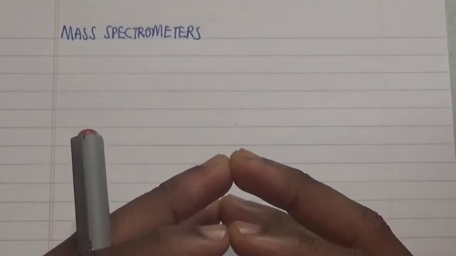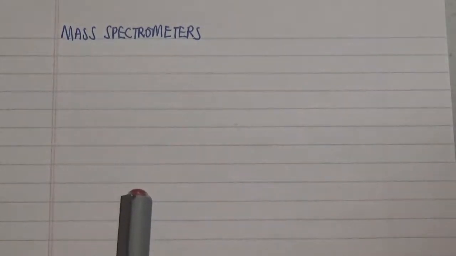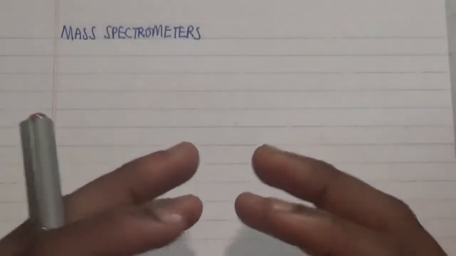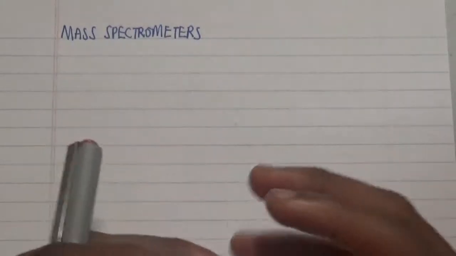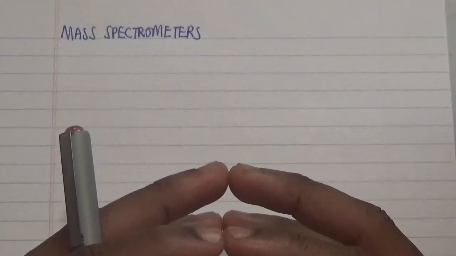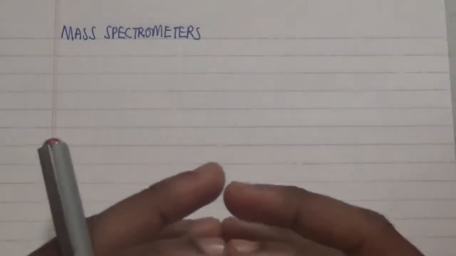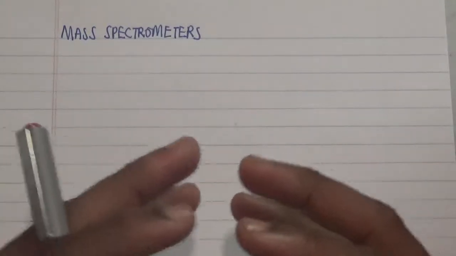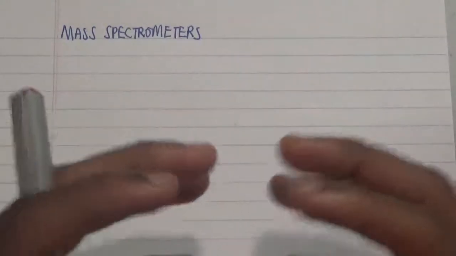Here we're going to look at the mass spectrometer and its uses, majorly in chemistry, where we detect various compounds and break compounds apart in order to see all the fragments that are made during the collision of particles in a particular system.